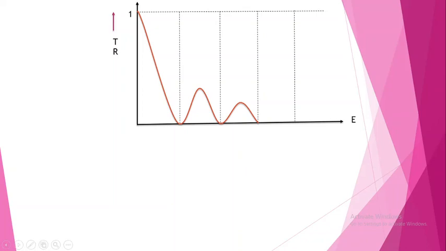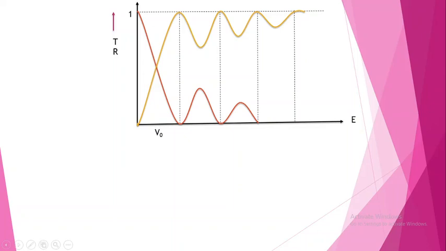Here transmission cannot take place because tunneling is not taking place. But as the energy goes on increasing, the reflection coefficient goes on decreasing. And if you plot the graph of transmission coefficient, at E equal to 0 we have 0 transmission, and as the energy goes on increasing, transmission goes on increasing.